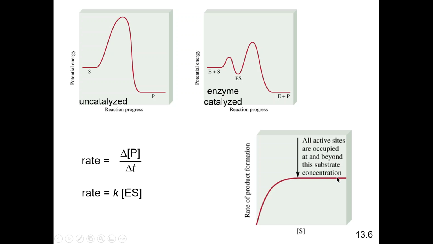And this point represents where all the active sites that are present in the enzyme will be occupied, and therefore the substrate will not be able to react any further. So the rate of production of the products remains the same when you get to that point, all right? So that's basically what happens in biological systems, specifically as it relates to enzyme catalyzed reactions.